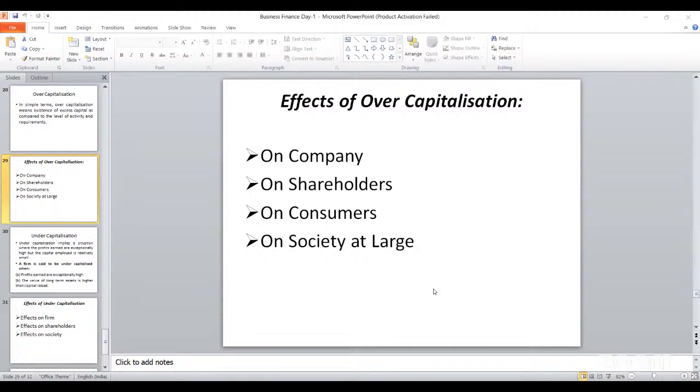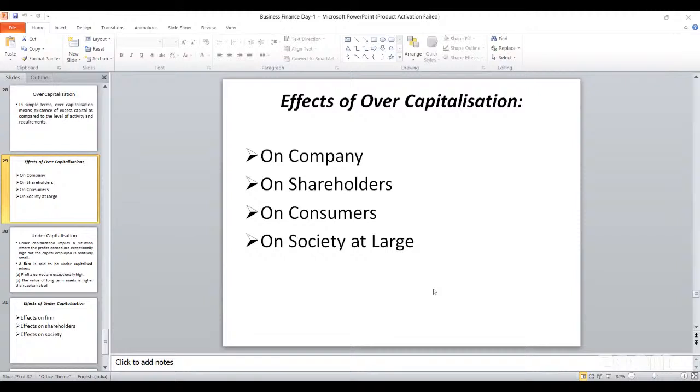If you're getting a particular product at a regular price and suddenly it increases, the market demand and purchases of the consumer will go down. Ultimately, it affects the market value of the product. So this is also one of the concerns of overcapitalization for your consumers.